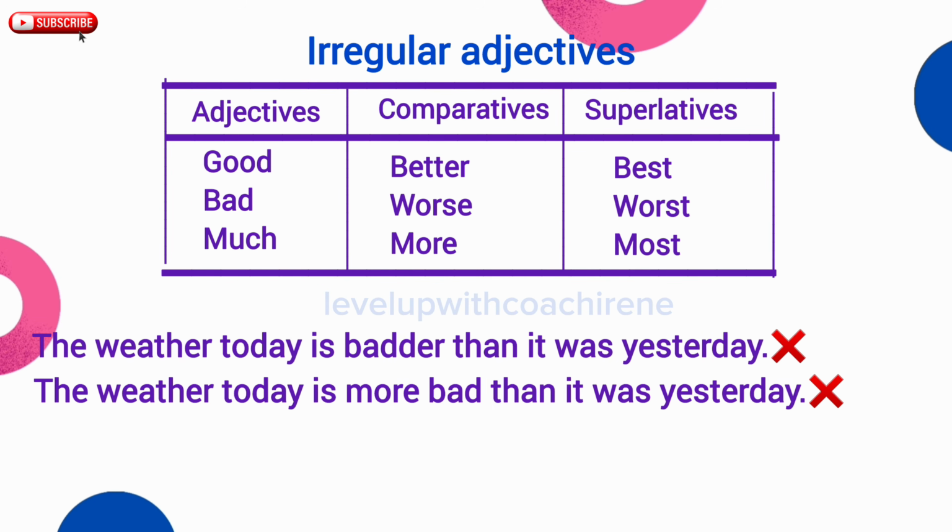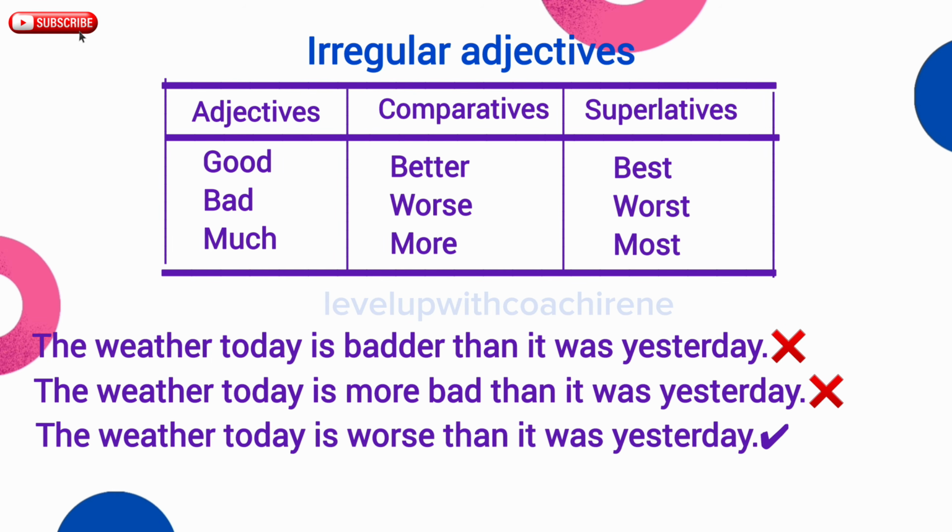For example, you don't say the weather today is better than it was yesterday, or the weather today is more bad than it was yesterday. These sentences are wrong. It should be the weather today is worse than it was yesterday. You can see that irregular adjectives are adjectives you need to master.